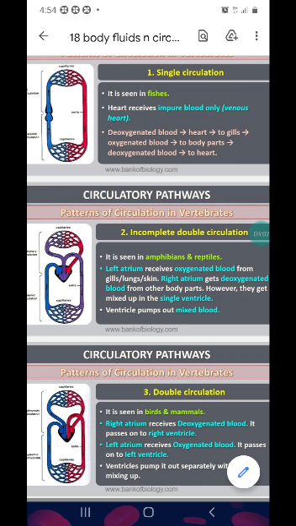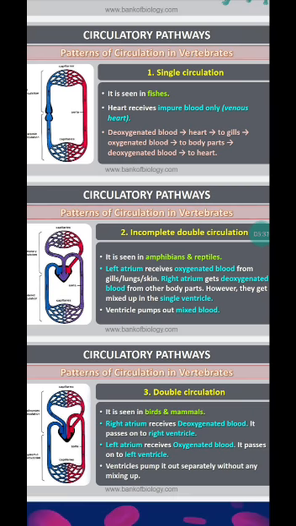Incomplete double circulation is seen, for example, in amphibians and reptiles, where the partition is incomplete. Here the left atrium receives oxygenated blood from the gills or lungs or the skin. You know, in frogs and all, there are 3 types of respiration: lungs, cutaneous, as well as the gills in the tadpoles, right?